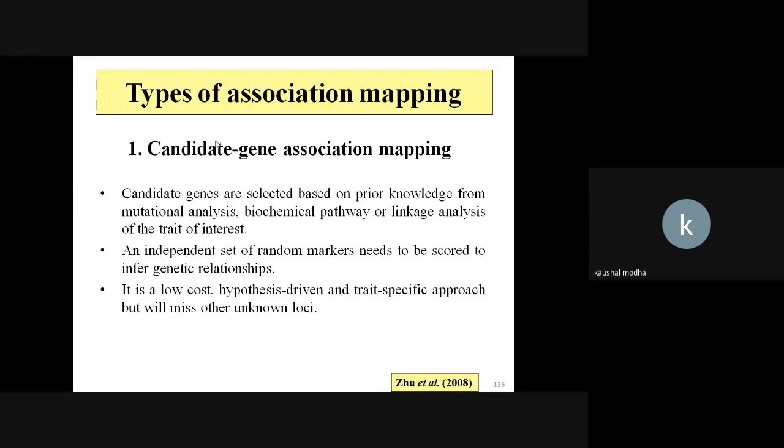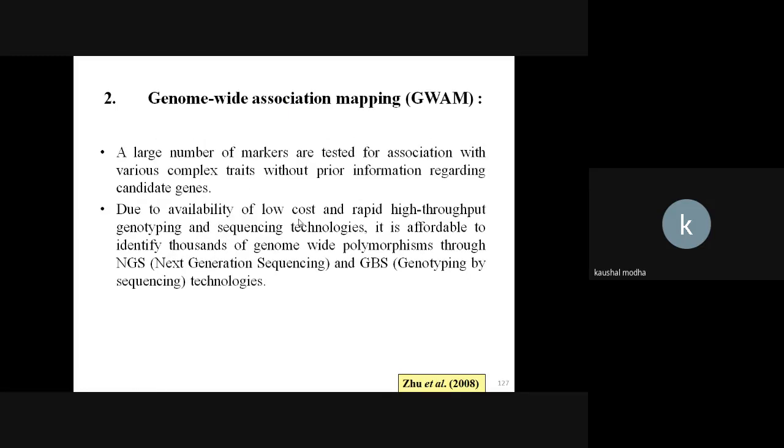This limitation matters for quantitative traits because, as I mentioned earlier, the loci might be distributed across the genome. We cannot limit our search to one region in a quantitative trait unless you have some kind of reliable primary information. It's better to go for genome-wide association mapping.